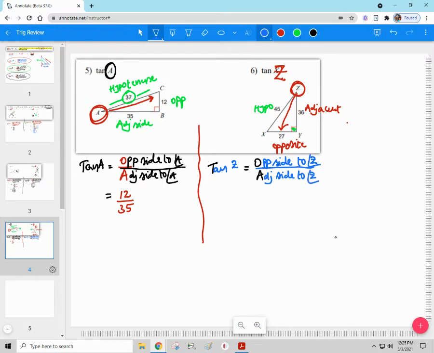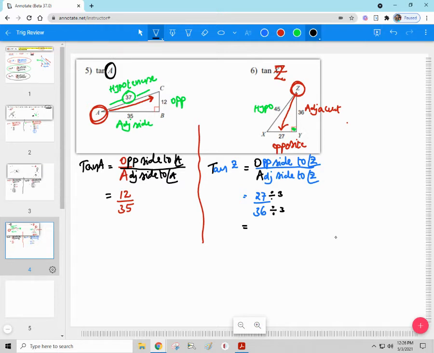Now, we already labeled them. Therefore, what is the opposite side? You can see that that is 27 units. And next, the adjacent side is 36 units. You think of dividing both by a number which can divide the numerator and denominator. I see that both are divisible by 3.